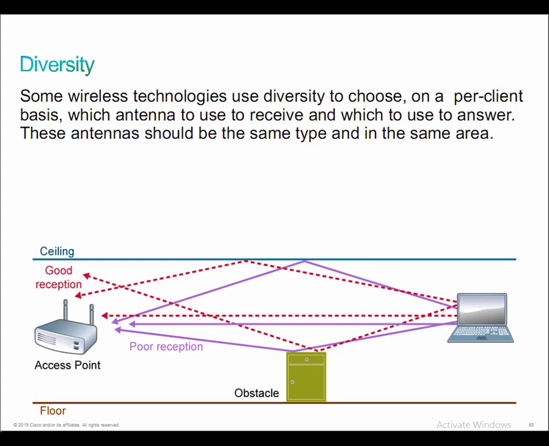So in order to ensure that diversity works, the antennas need to be in only one area, not two areas. If you move the antennas too far apart from each other, the signal might not even be received on one antenna. The antennas that are attached to the AP should be the same.